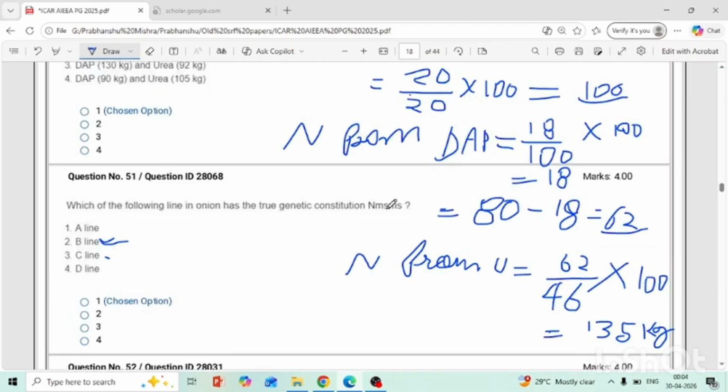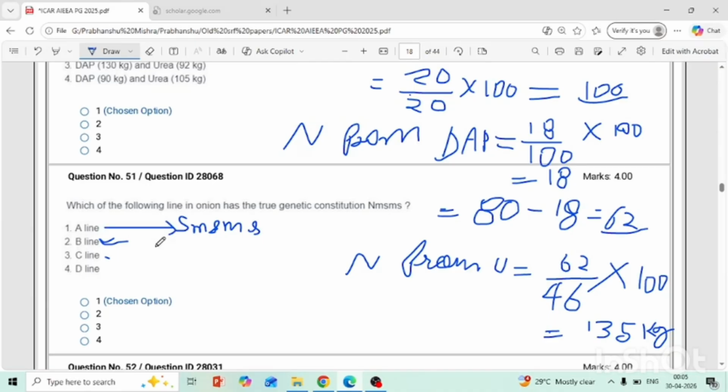And if it is capital S and small ms, then this is the A line. If it is capital N small ms then it is the B line. Rest, another line is C line, and D line तो होता नहीं.